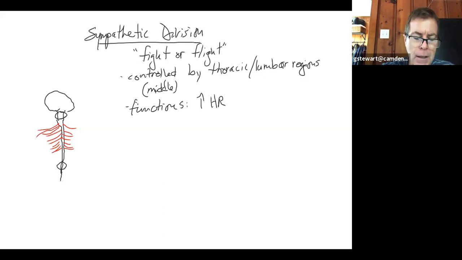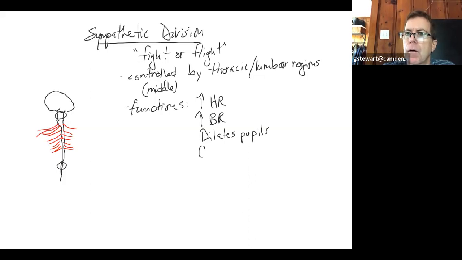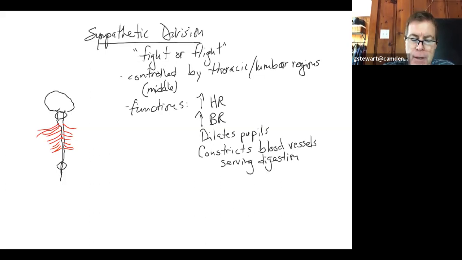Speeds up heart rate, increases heart rate. Increases breathing rate. Dilates the pupils. Constricts blood vessels serving digestion.